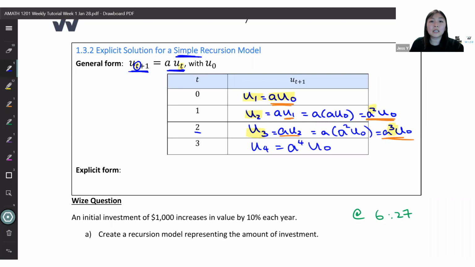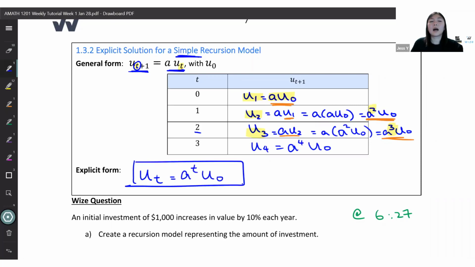In general, the explicit form is just u sub t equals a to the t u sub 0. That's it. Highlight that, box that, write that down. That is the explicit solution for the recursion model.